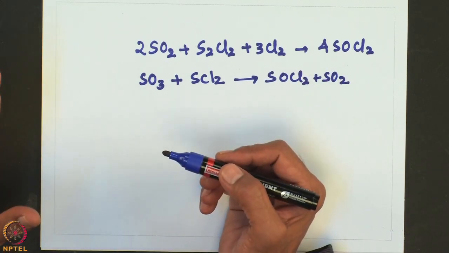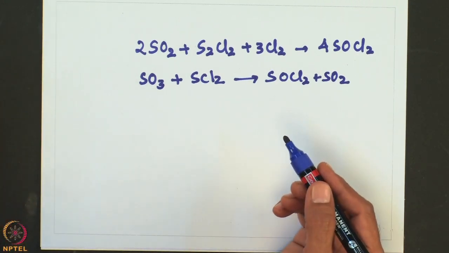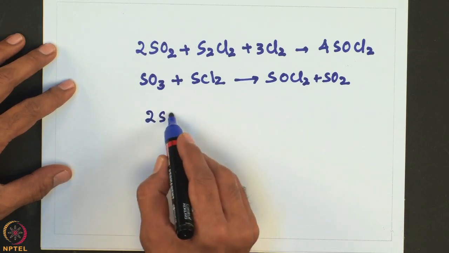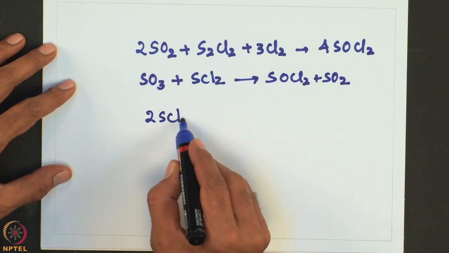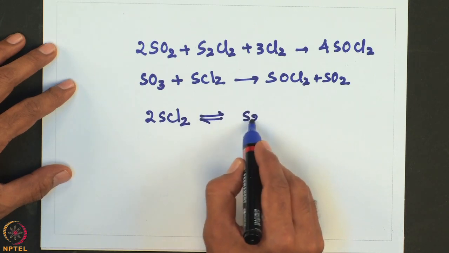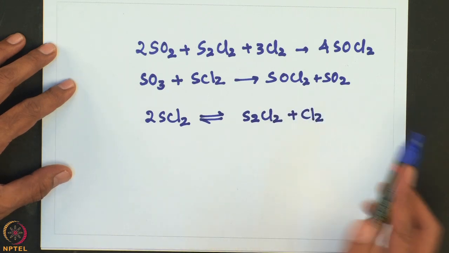Pure SCl2 is unstable with respect to the equilibrium between disulfur dichloride and Cl2. The structure of disulfur dichloride resembles that of S2F2, while SCl2 is a bent molecule.